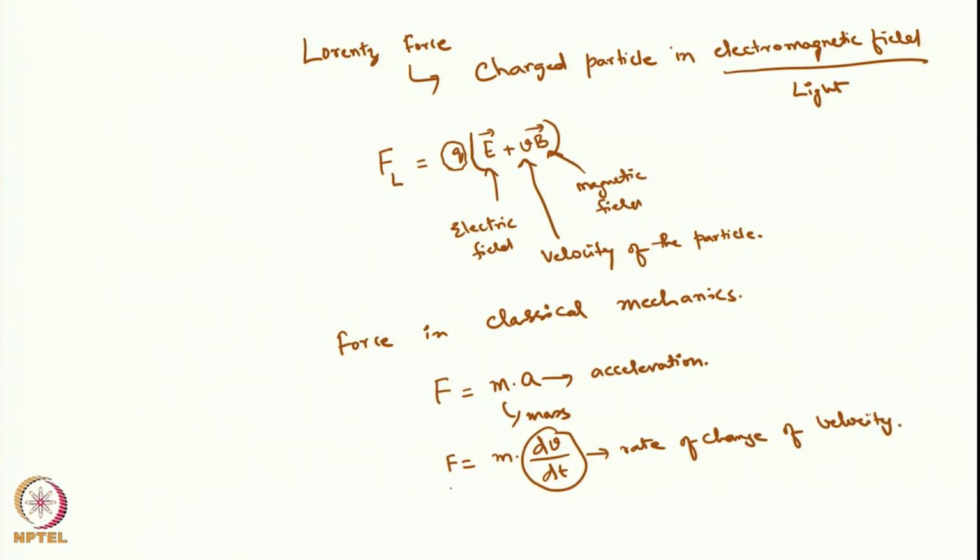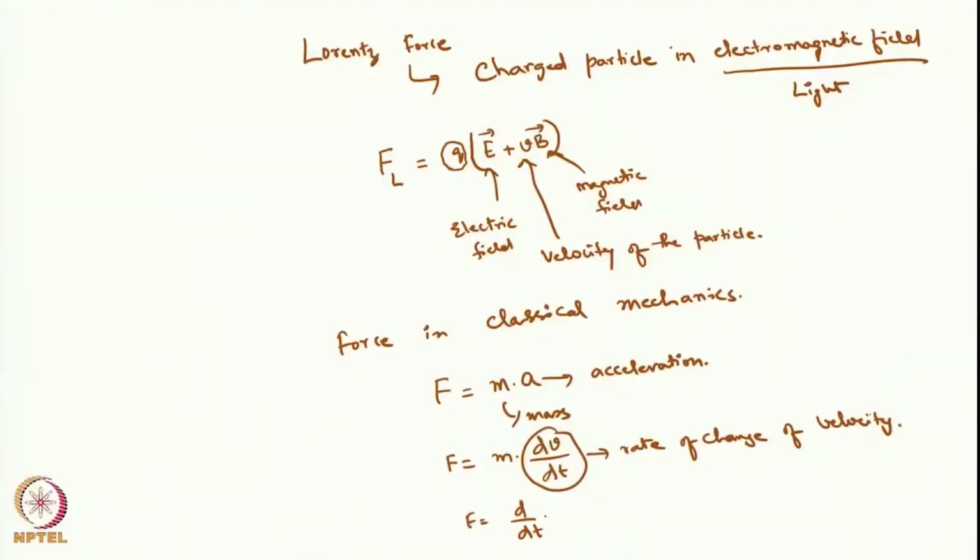Now, mass is a fixed quantity, it is a number for a given particle. So one can write F is equal to d by dt of mv. Now, what is mv? Momentum. This is nothing but momentum.